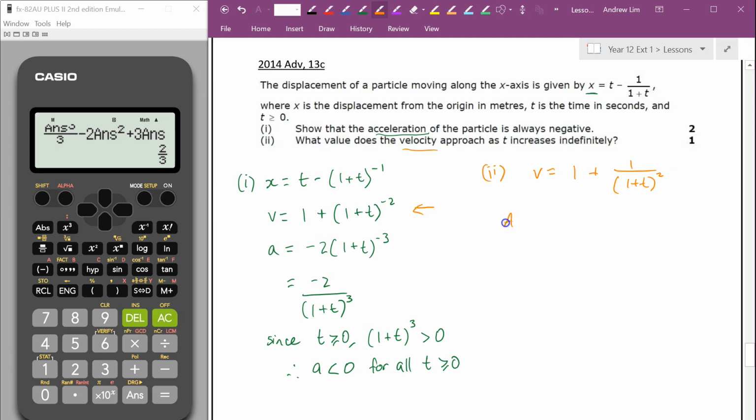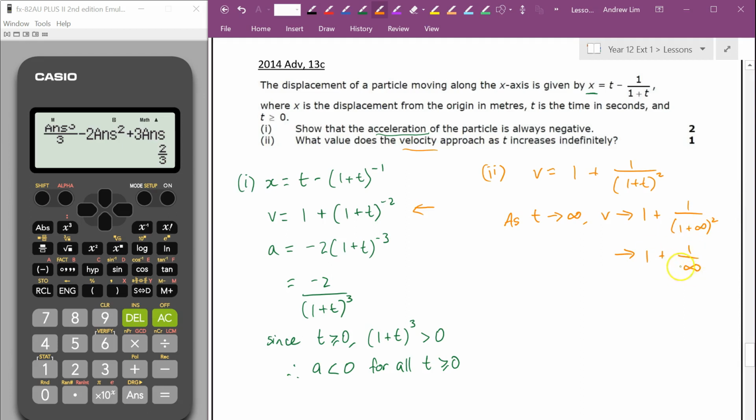As t approaches infinity, the velocity will approach 1 plus 1 over 1 plus infinity squared. Well, 1 plus infinity squared is pretty much infinity, so it's going to approach 1 plus 1 over infinity. And 1 divided by anything really big will be really small.